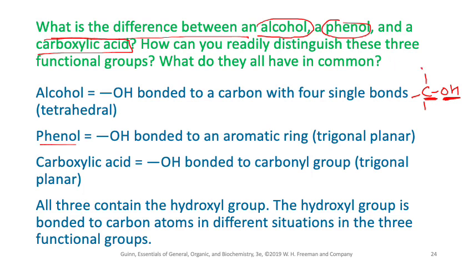In phenol, you have a benzene, and the carbon of the benzene is attached to an OH group, but it isn't attached to a carbonyl group, the double bond of oxygen. This is phenol. But for a carboxylic acid, the carbon that has an OH group, the alcoholic group, is also attached to the carbon double bond O, so it also contains a carbonyl group. So this is your carboxylic acid group. This is how you can differentiate, right?